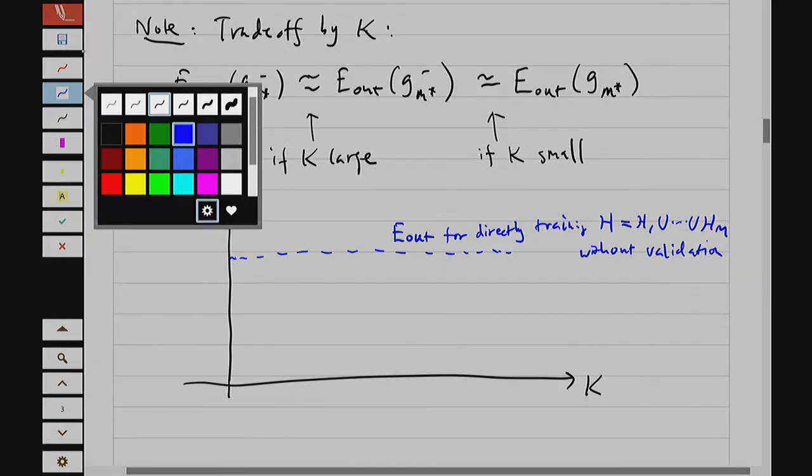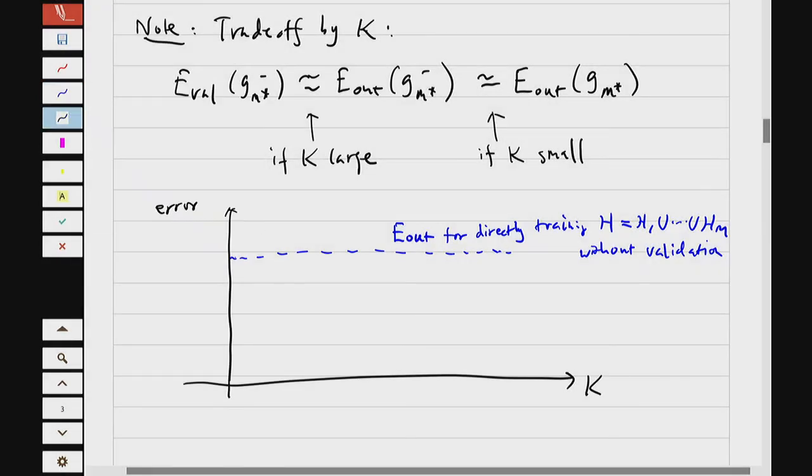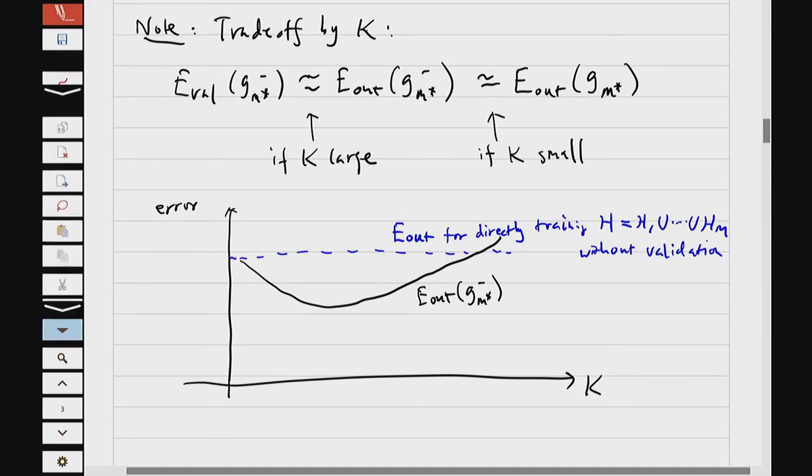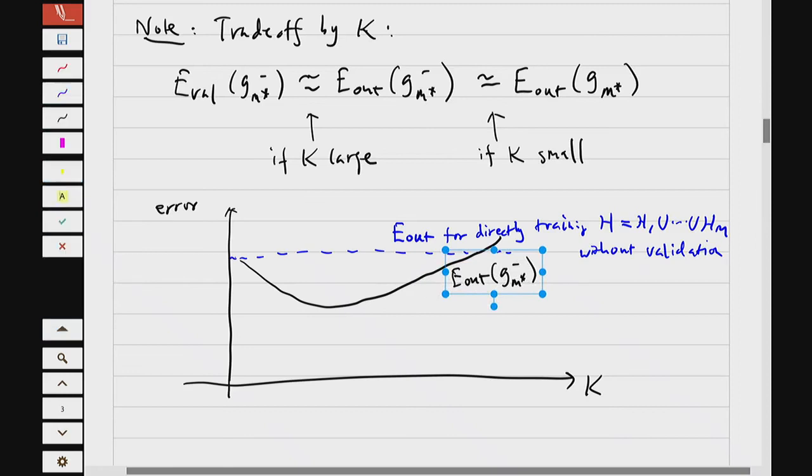In that case, it turns out that if you do model selection by validation, your E out of g_m star minus roughly looks like this. It goes down and then it goes up. So this is the E out of g_m star minus, like that. I'm going to move it a bit to the right because I need some space there.